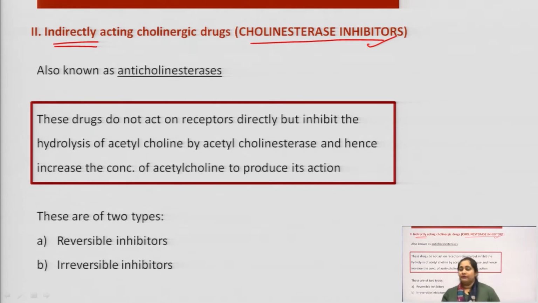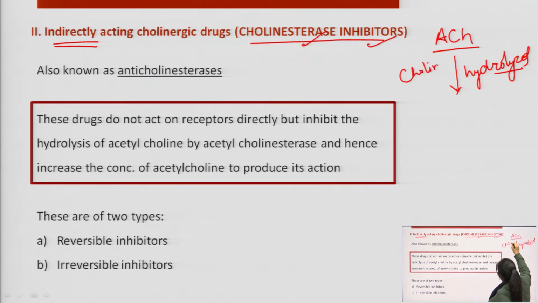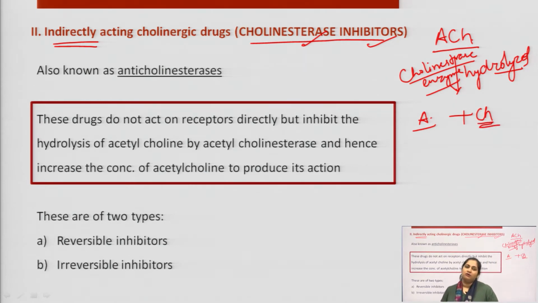So, what happens with acetylcholine? Acetylcholine is hydrolyzed by the cholinesterase enzyme. After the hydrolysis, the acetate and choline parts get separated, and hence the activity of acetylcholine is abolished.